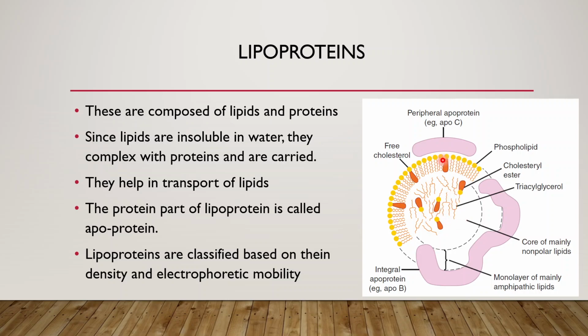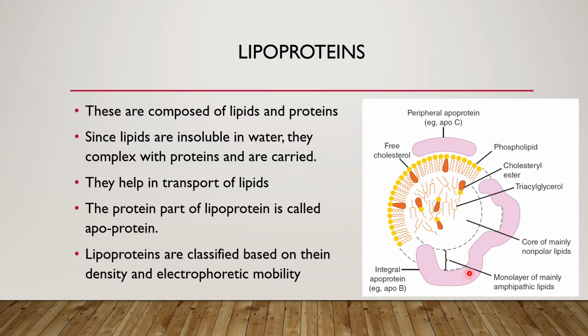Surrounding the lipoprotein, you have the protein part, which is the apoprotein. The apoprotein consists of a peripheral protein, or you can also have an integral apoprotein. So this is the generalized structure of a lipoprotein, made up of the lipid part and the protein part.